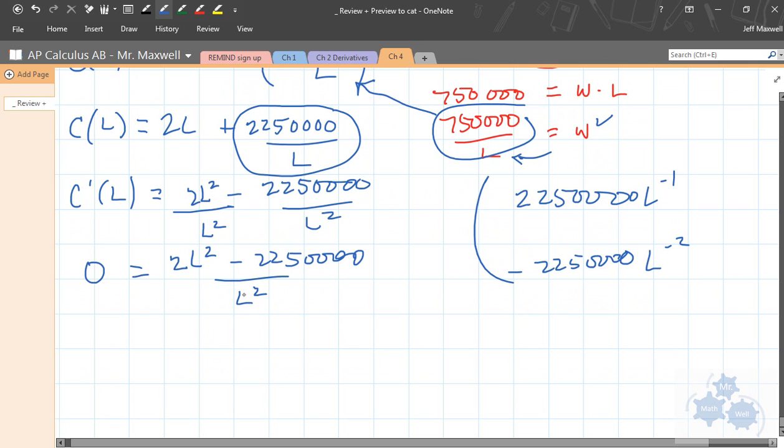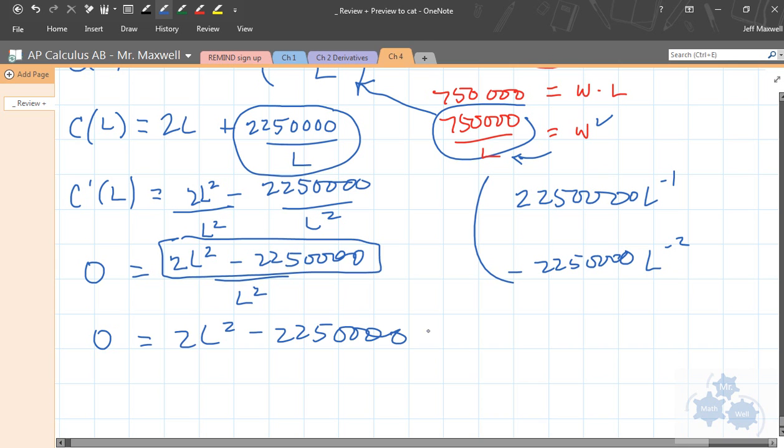If you have a rational expression and you have to let it equal 0, it doesn't really matter what the bottom is. As long as this top part is 0, that's all that matters. And how do you know? Because I'm going to multiply both sides by L squared to get rid of it, and that does nothing over here. So I'm just concerned about this top part.